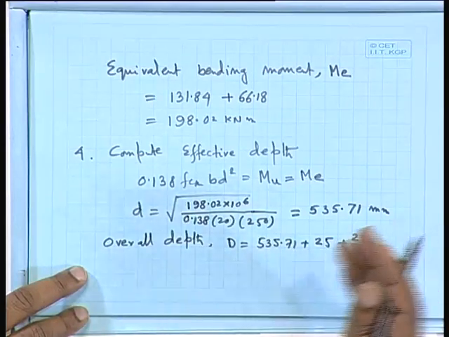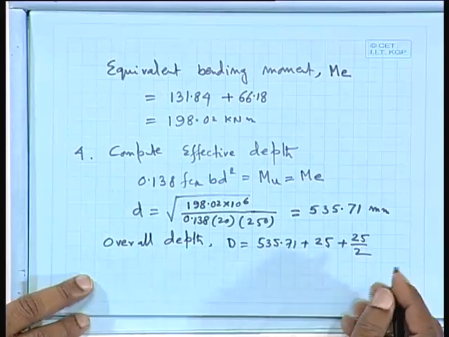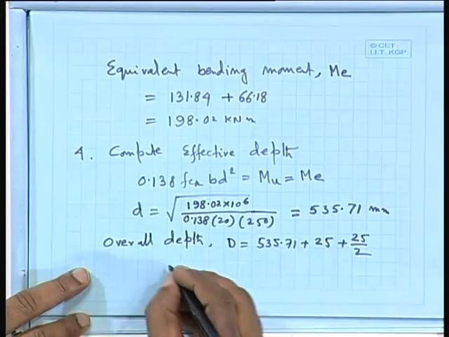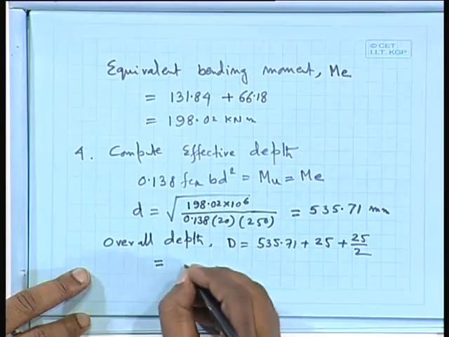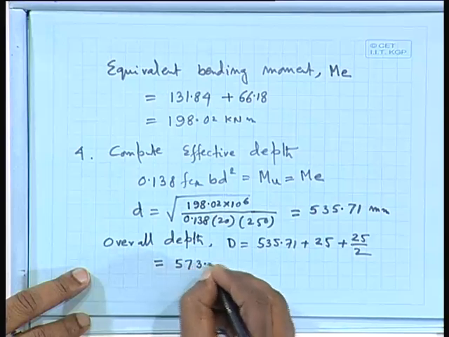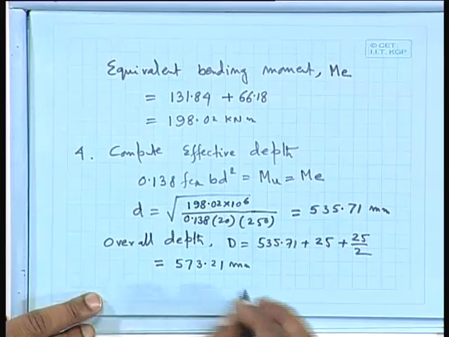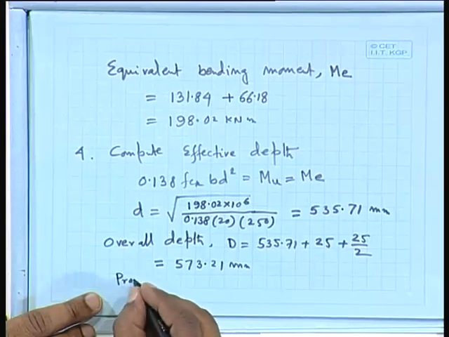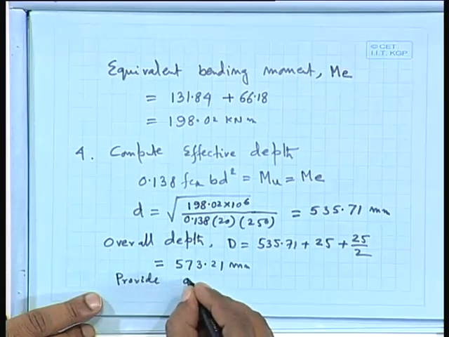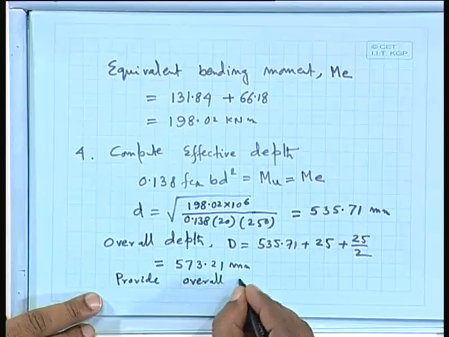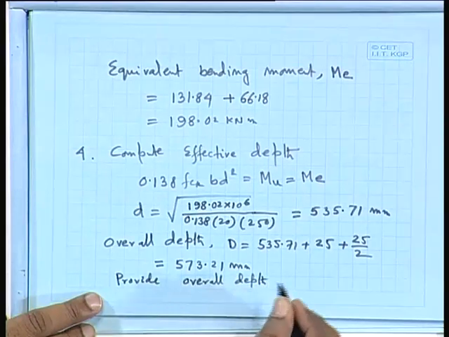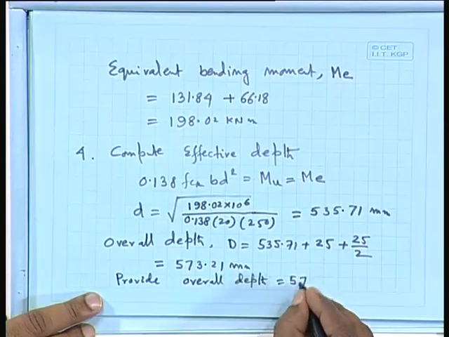So we are taking a little higher side, maybe 20 millimeter may be sufficient. Which is coming as 573.21 millimeter. So we can provide overall depth, say 575 millimeter.